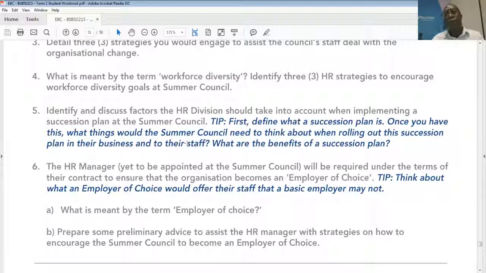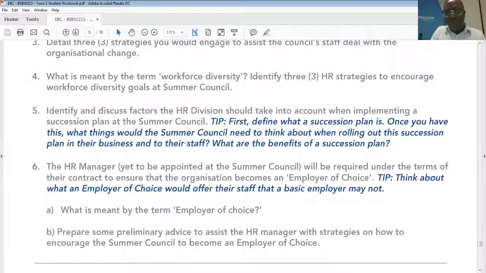What rewarding systems do they have in place that people clamor to go work for them? Is it the salary? Is it the working arrangements? Is it the flexibility? Is it the freedom to share their ideas, their creativity? And so you've got to say to yourself, for us as a council, what is it that we can do to become an employer of choice?